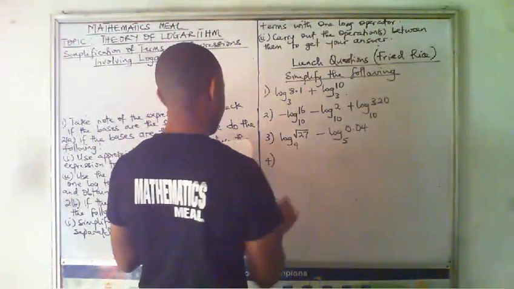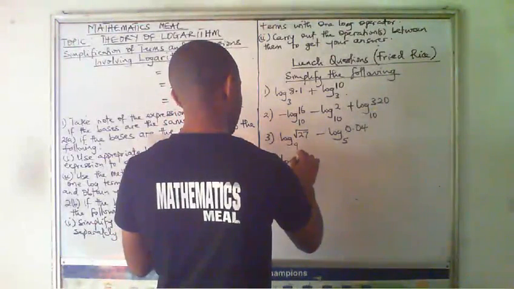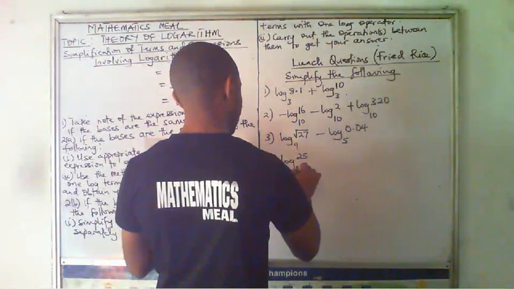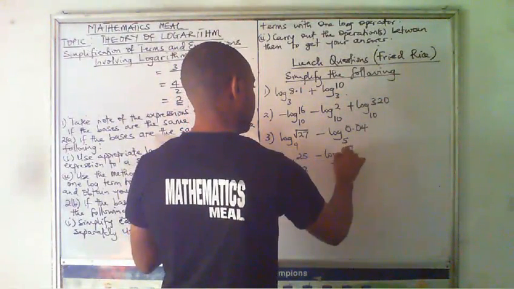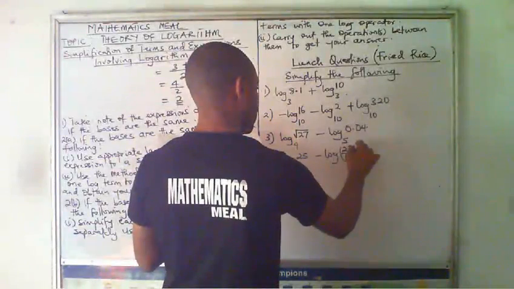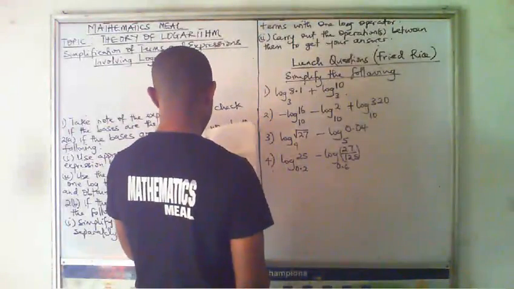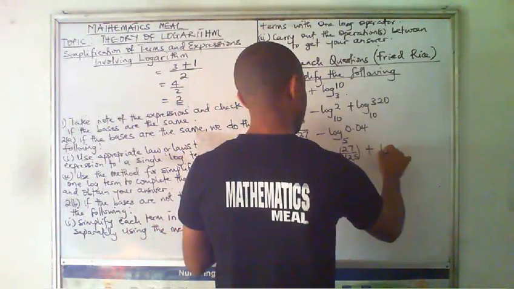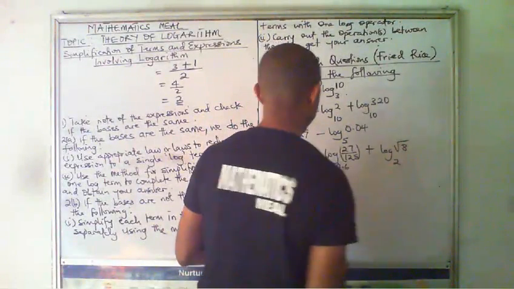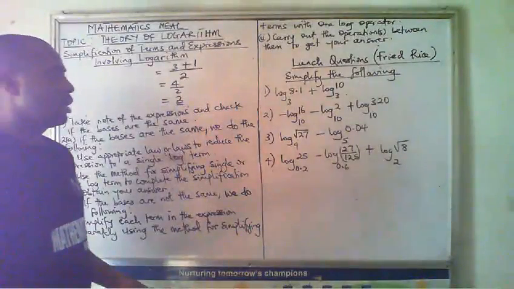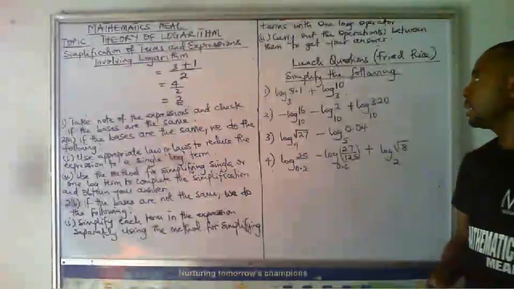And then finally, our lunch, we have simplify log 25 in base 0.2 minus log 27 over 125 in base 0.6, plus log of square root of 8 in base 2. Beautiful. Now, these are the questions that you need to take away with you.